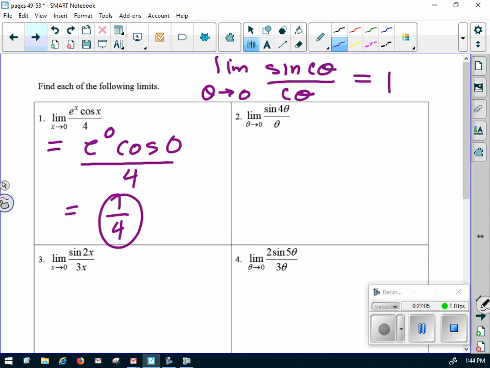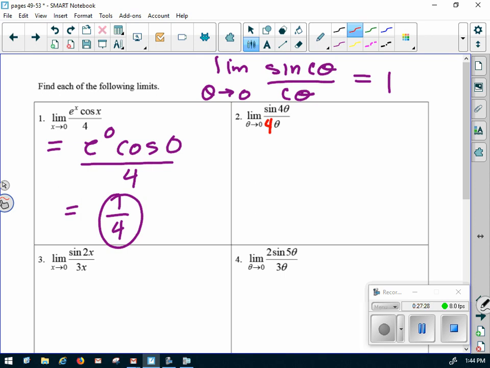But here's what I can do. I can take any fraction or any number in the whole world. What number can I multiply it by so the number doesn't change? 1. I can multiply by 1. I need a 4 right there, don't I?